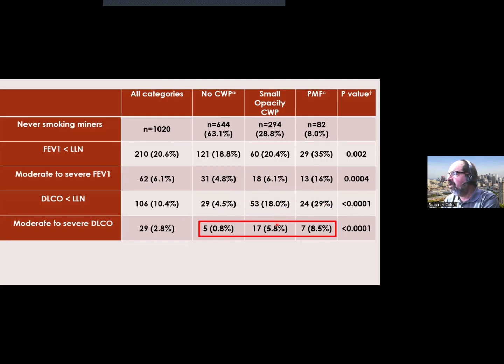And then again, you can see that moderate to severe diffusion impairment was not that common in never smokers with normal X-rays, but that number was more than five times higher in people with small opacity disease, and then increased again with PMF, although these numbers were smaller.